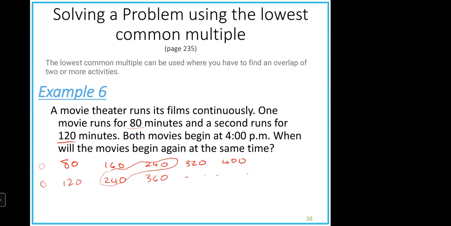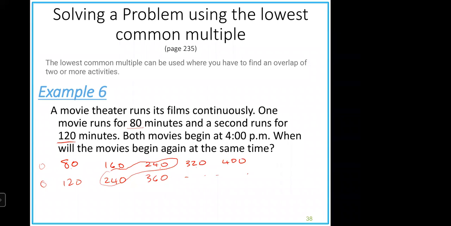We could actually work out the LCM and get that answer, but we could also list the multiples of 80 and 120, which is what we just did, and look for the lowest common multiple. Both movies begin at 4 p.m. When will they begin again at the same time?